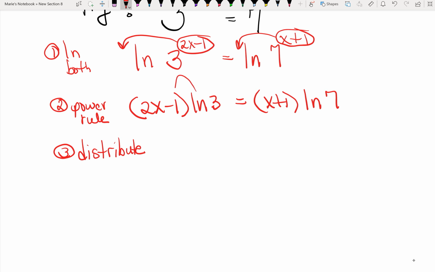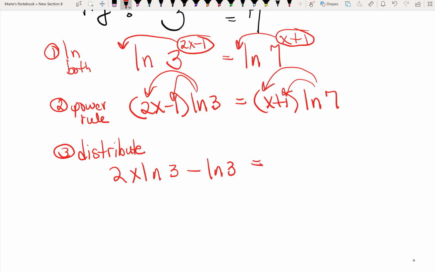When I distribute, I'm distributing to both terms. So I'm going to get 2x natural log of 3 minus natural log of 3 is equal to x natural log of 7 plus natural log of 7.